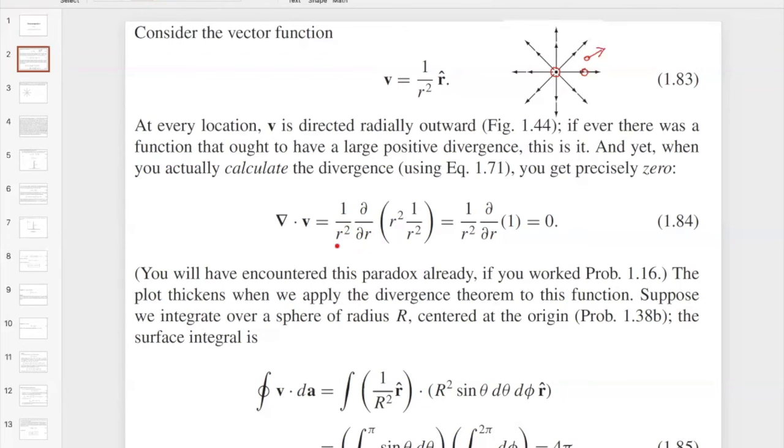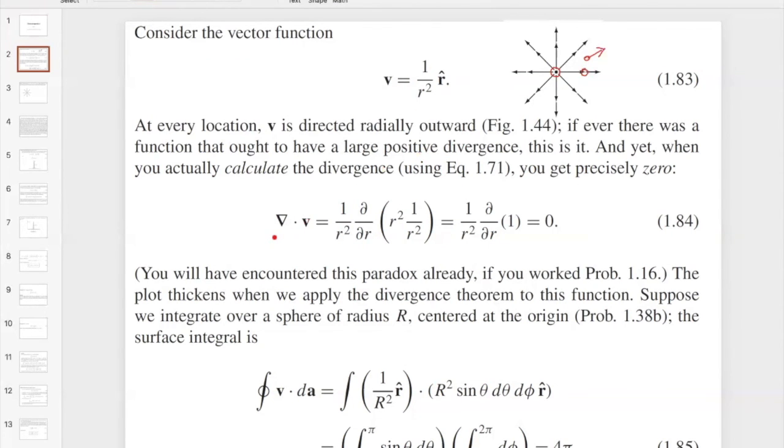Otherwise, this value will be infinity. So the conclusion we made before is the divergence of this v function is 0 at any space except the origin.